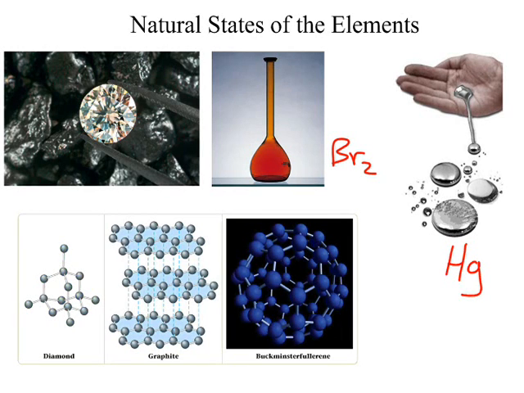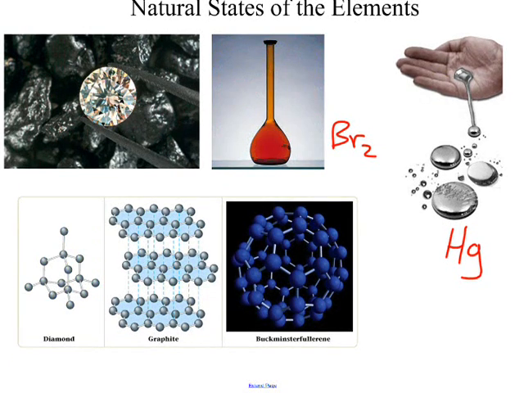Another property of the elements that we should be aware of is that their structure, the way the atoms of an element are bonded together, can create substances with very different properties. Up in the upper right-hand corner, we see a diamond. And obviously, a diamond is a very hard solid at room temperature.